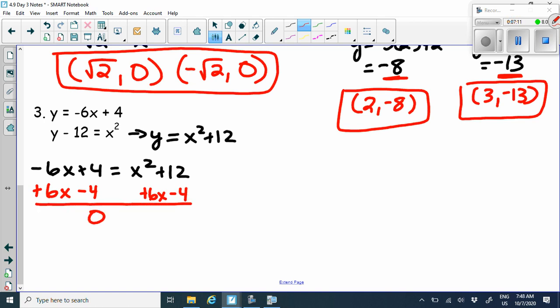There's nothing else that is an x term or x squared term, so I keep it there. 6x is just going to be 6x. Notice that I cannot combine my x squared and x terms because they are not the same, so be careful. And then I do 12 minus 4, so that gives me plus 8. And notice I keep it in standard form, so I do x squared, then the x term, and the constant. We want to do that because it'll make it easier to factor.